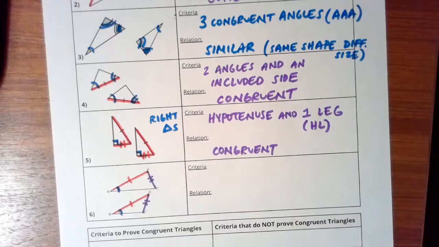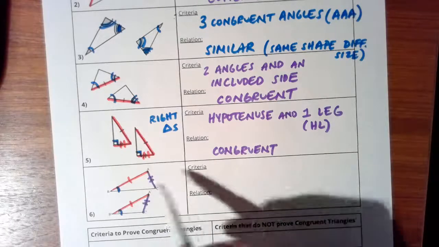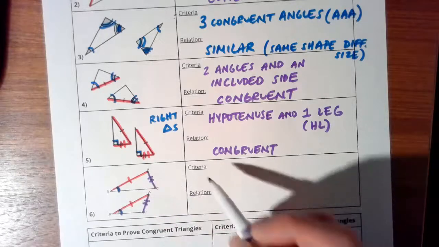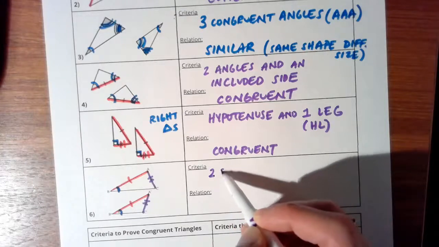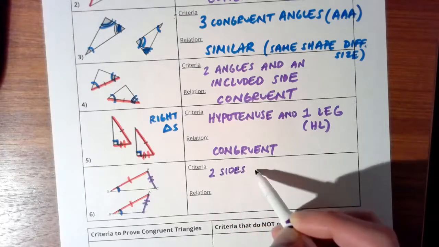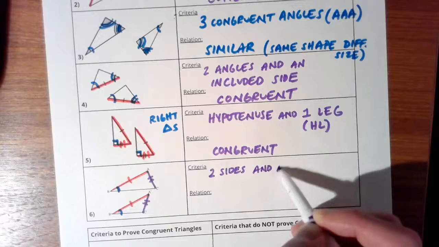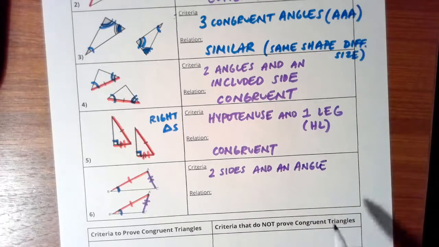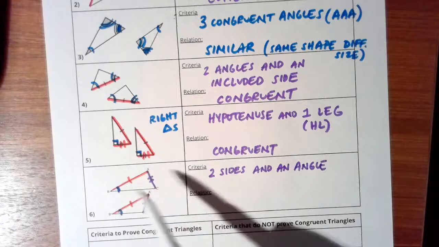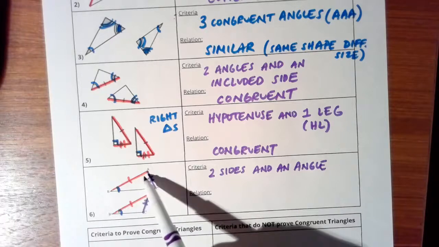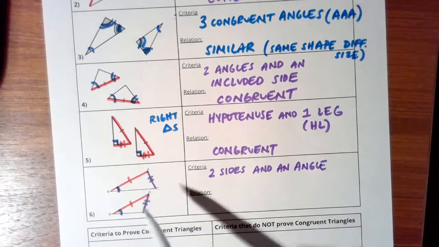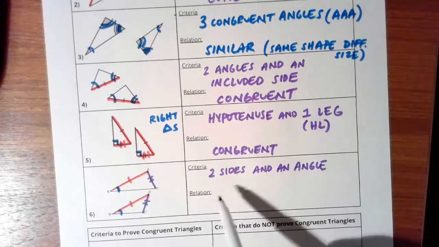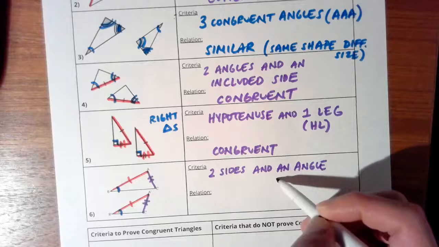In this case, what's congruent is two sides and an angle. And the angle here that's congruent is not in between the two sides. It's only touching one of the sides, not both of them. So we're going to say this is two sides and a non-included angle.